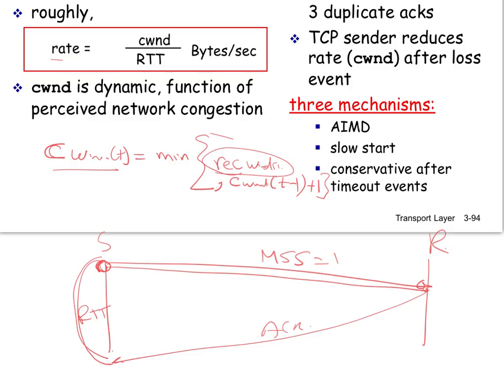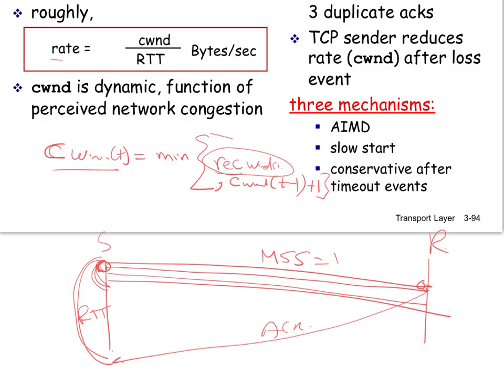This effectively refers to the transmission rate. So if I send two segments, I have 2 times the transmission time for one segment divided by RTT. If I make it 3, then it's 3 times. So effectively, it's the congestion window, which is the transmission time of all the segments in the window, divided by the total RTT time. This is the total effective rate of transmission from the sender side.